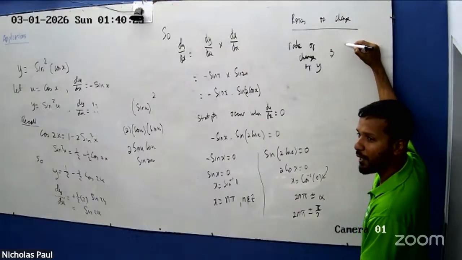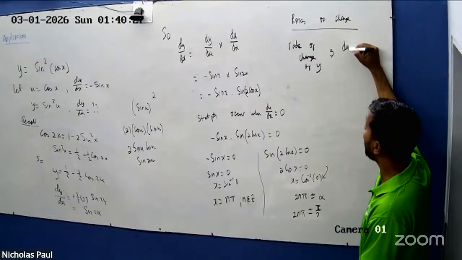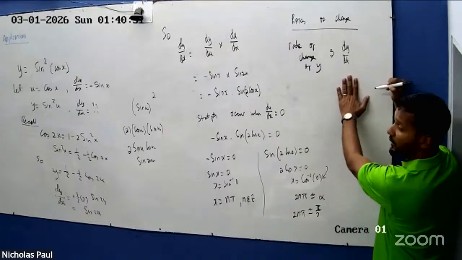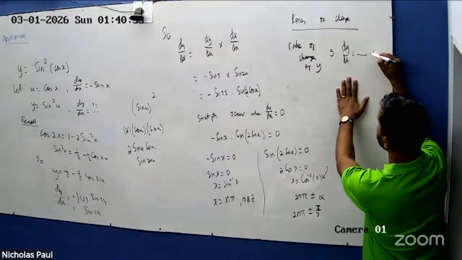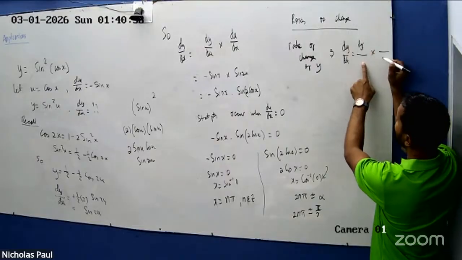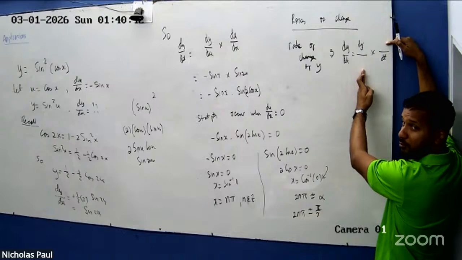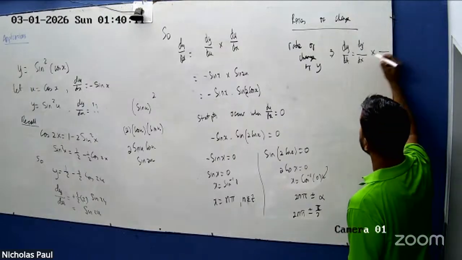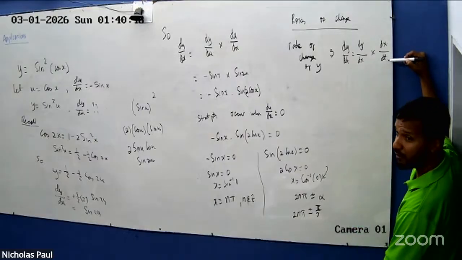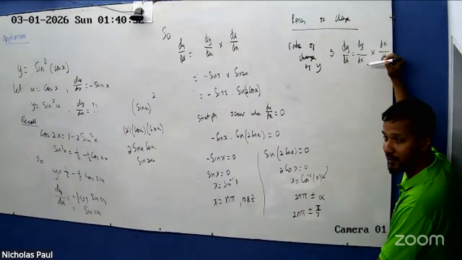How do I write that? dy/dt. And in order to find dy/dt, we write dy here, dt here, and some other variable here, normally x. So we need dx/dt, the rate of change of x, and how y changes with respect to x.